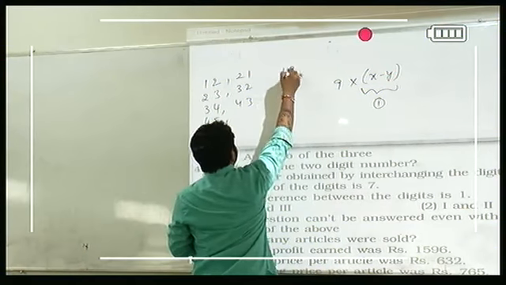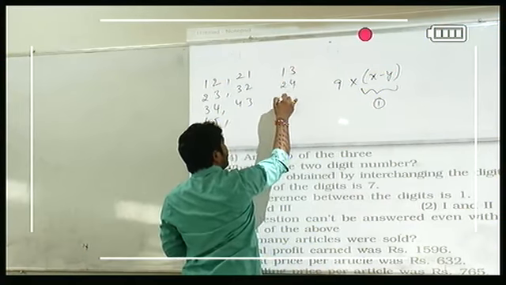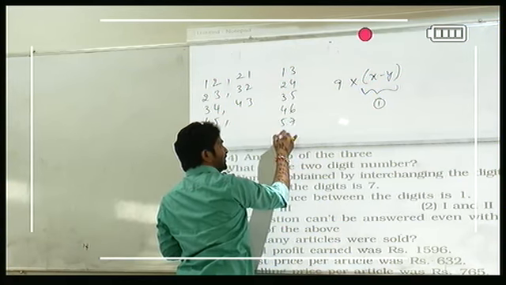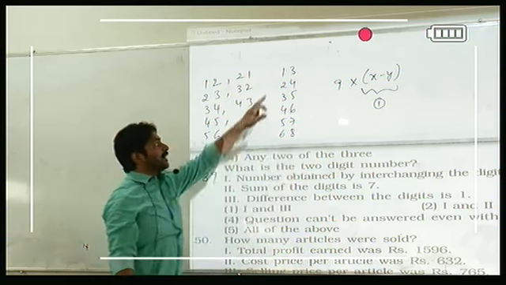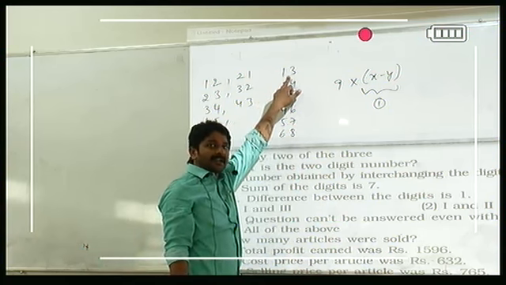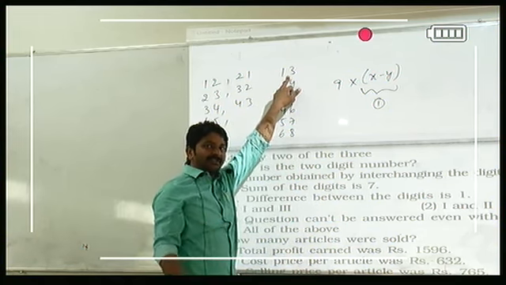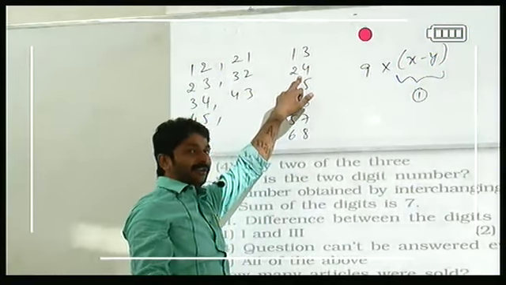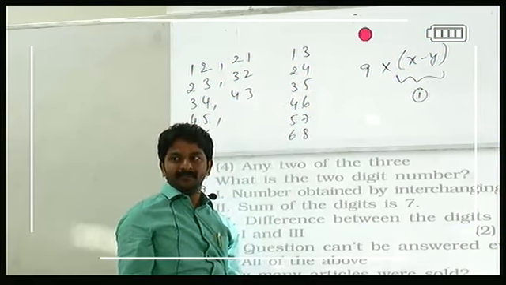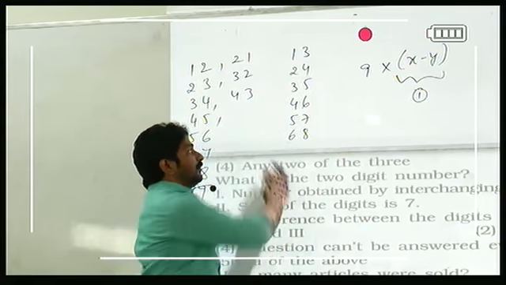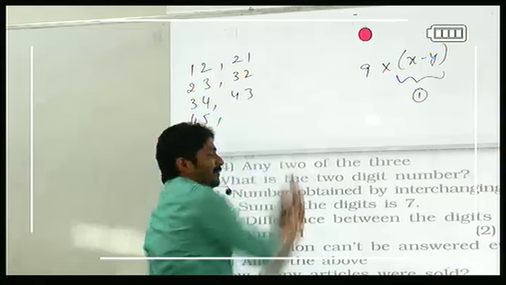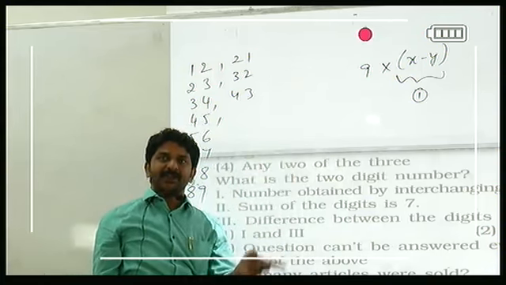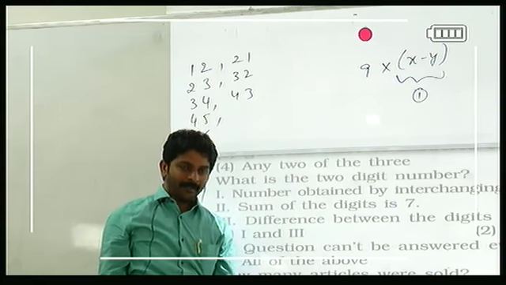So you can write numbers as 13, 24, 35, 46, 57, 68 like that. Interchange the digits: 31. 31 and 13, what is the difference? 18. Interchange the digits: 42. 42 and 24, difference 18. So the difference between the original number and the number obtained by interchanging the digits will always be a multiple of 9.